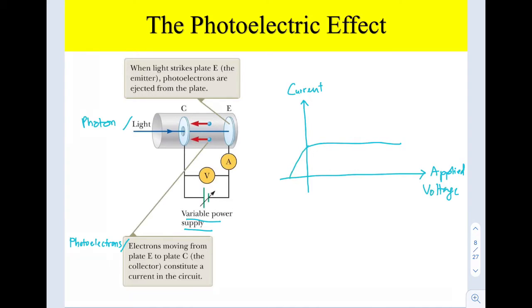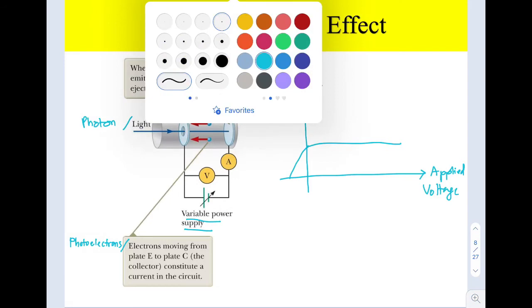Initially, when you increase the applied voltage, the current produced also increases, and then it reaches a maximum level, which we call the saturated current, and then it does not change anymore, a constant value. Whenever the voltage is equivalent to this point, the current produced is 0.